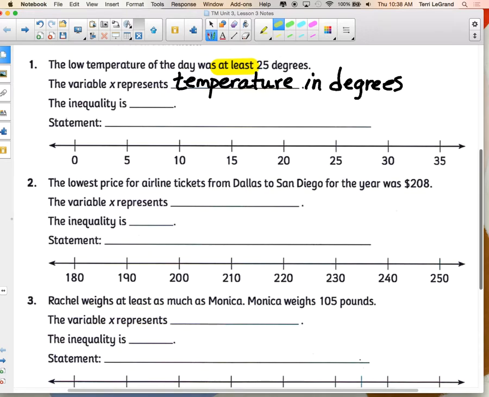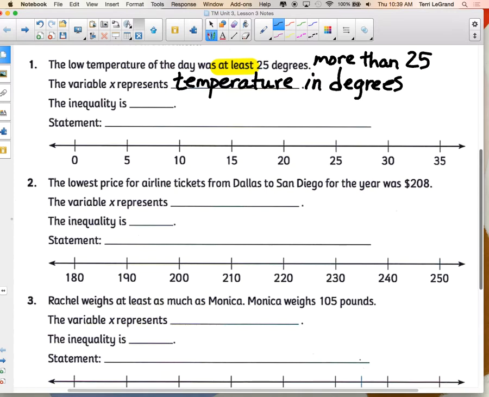So in this particular situation, circle those words that I highlighted, at least. And that means more than in this case. So more than. And in our case, it's not 6, it's 25. So we need to represent more than 25 with our inequality symbol. Now, at least means, though, would 25 be included?